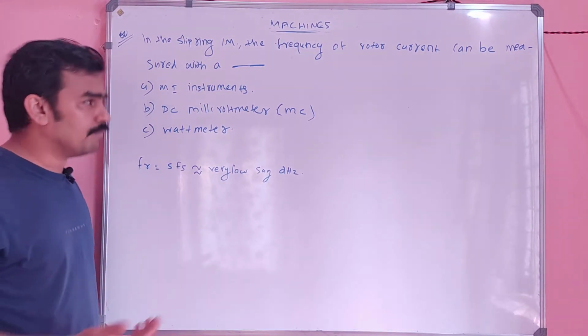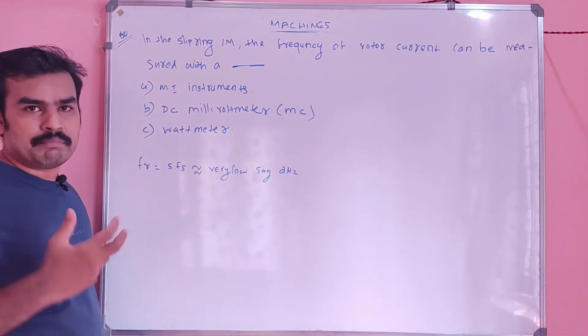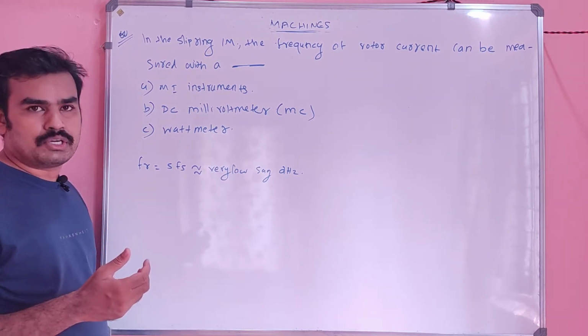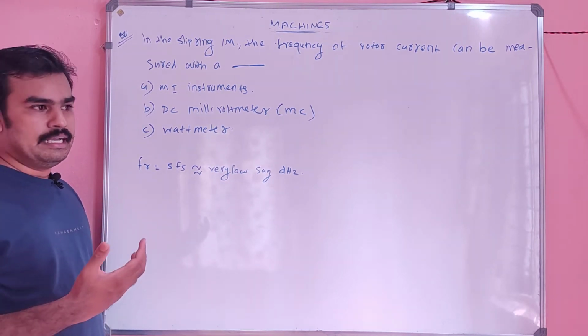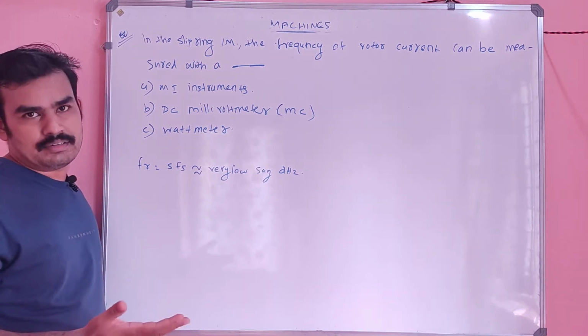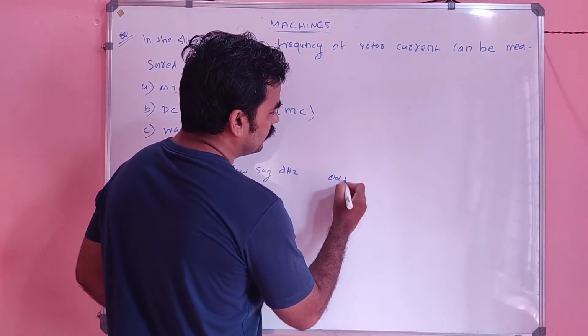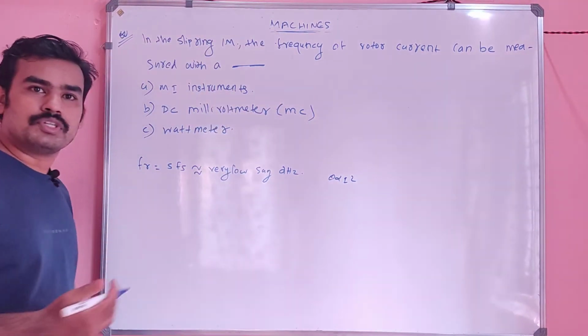So if you are using an MI instrument, the MI instrument has the nature that it measures the square of the current, that is theta proportional to I square.